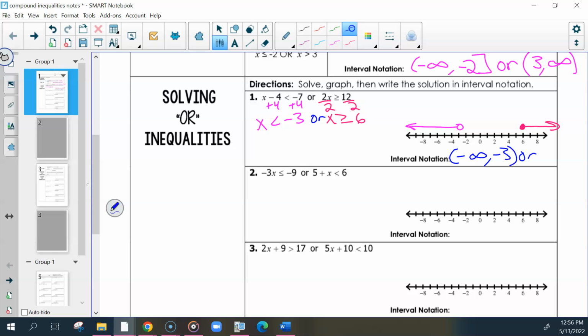Or, then 6 and going to the right, so it would be positive infinity. Would 6 be a parenthesis or a bracket? Bracket, because it's closed. Correct. It's a parenthesis when it's open.